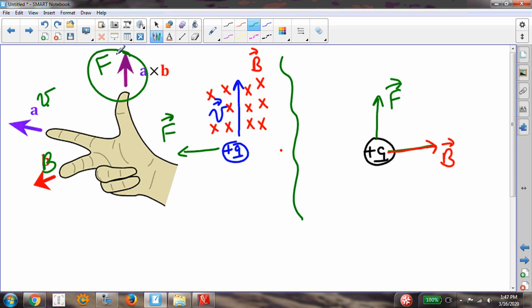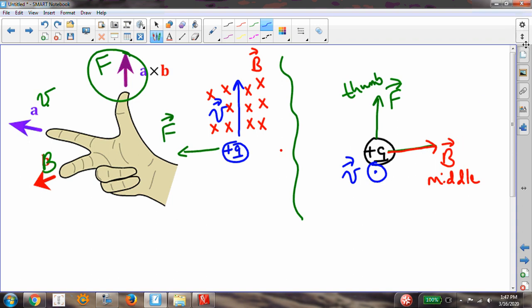Well, with my thumb pointed in the direction of F, my middle finger pointed in the direction of B, and with my hand oriented like this, that means that the velocity has to be in the plus z direction. So that would be like this. So my velocity vector would be coming out towards you. So this charge is traveling out of the page and towards you.